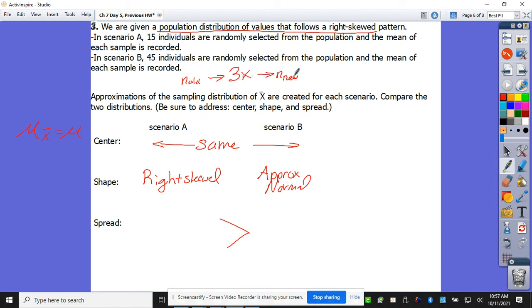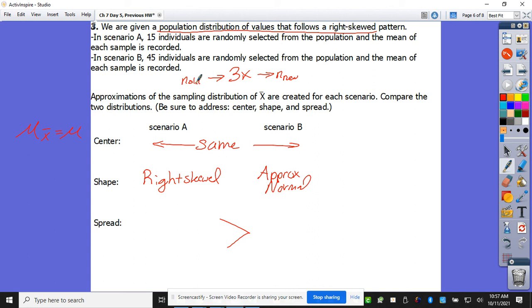What does that say? If I took my old sample size, I multiply by 3 to get my new sample size, right? So some of you can take this a little bit farther. Can you decide how much smaller my scenario B is going to be?